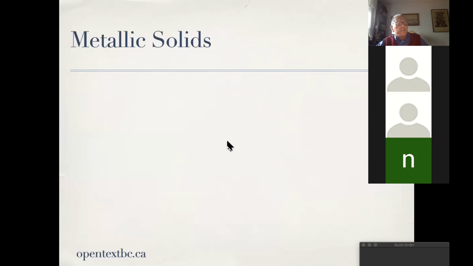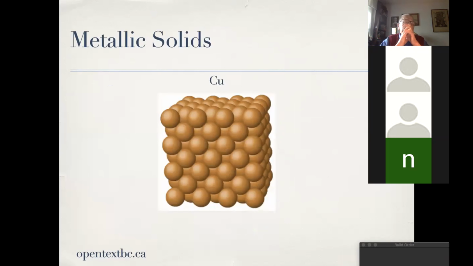We have metallic solids. This is an artist's picture of copper that explains the color. But in a metallic solid, in addition to the ions of copper or iron or whatever sitting in the lattice points, there is another component, electrons, which are moving freely within the lattice.